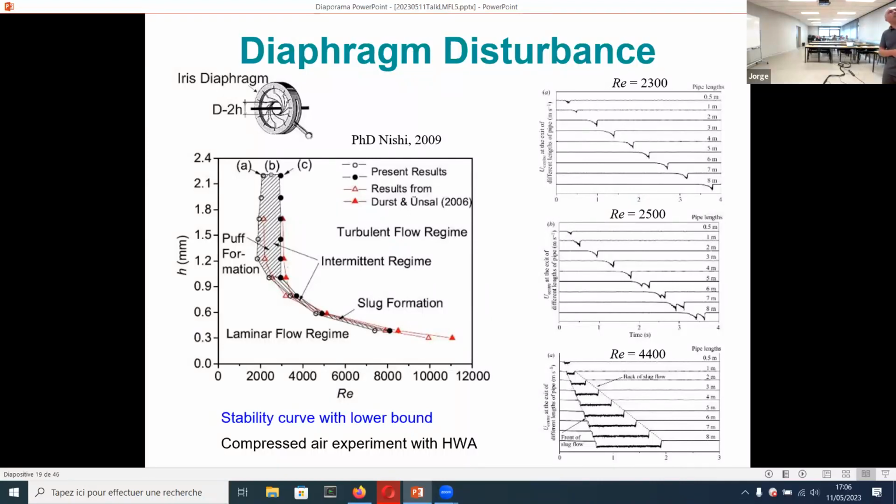And we were quite happy that we had the same lower bound. So in their experiment, they looked at the end of the pipe and they checked the occurrence of a disturbance passing through, of the disturbance splitting, and of the disturbance growing at different Reynolds number. That's what these figures on the right side show.